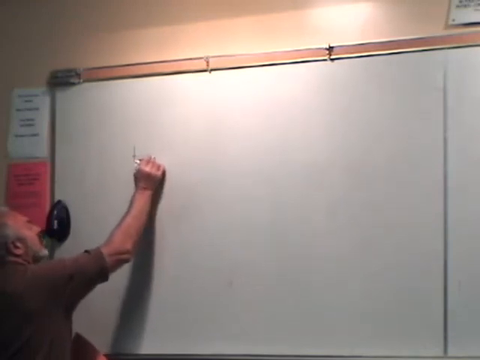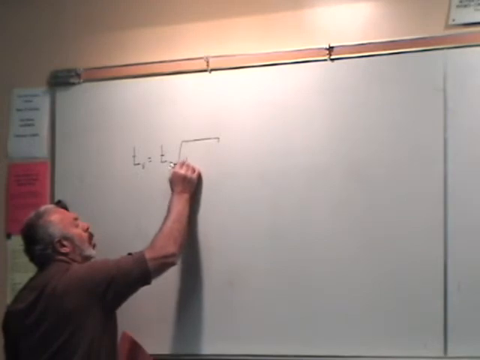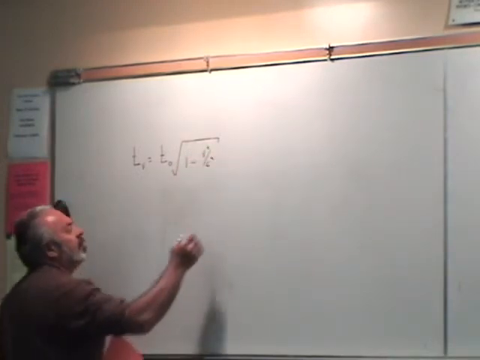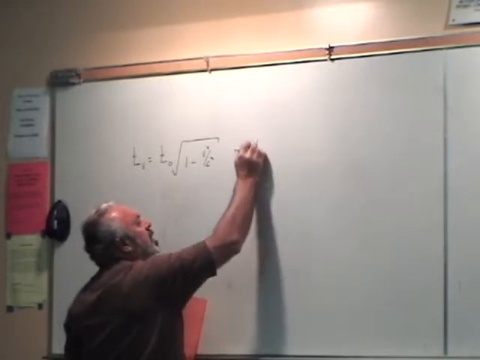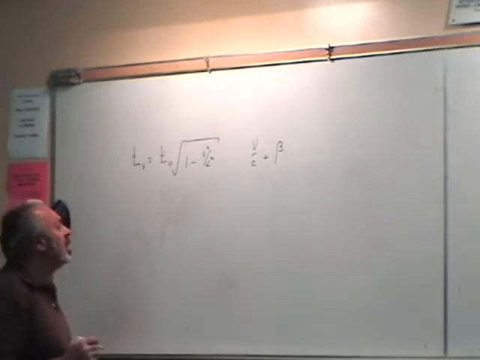So what I'd like to begin with is my summary so far. Of course, we've got these three: time at a velocity, time at rest, root of 1 minus v squared over c squared. We notice that very often v over c is written as beta just for convenience.